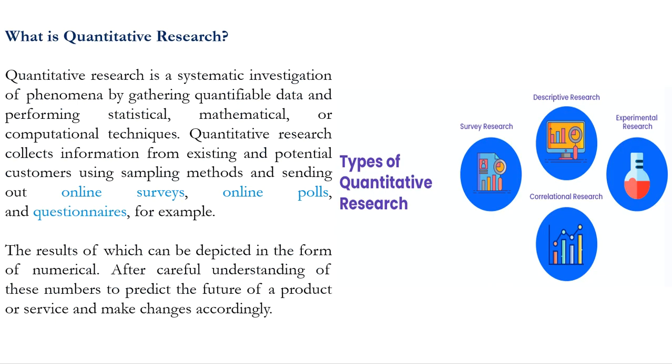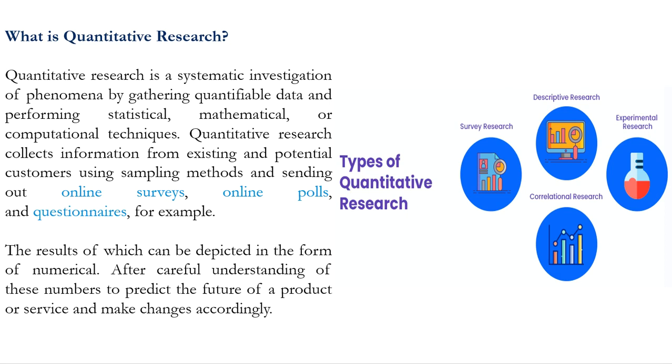A similar, easier definition: quantitative research is a systematic investigation of phenomena by gathering quantifiable data and performing statistical, mathematical or computational techniques. That means collecting information from existing sources and analyzing various factors using statistical, mathematical or computational techniques, whatever they may be.